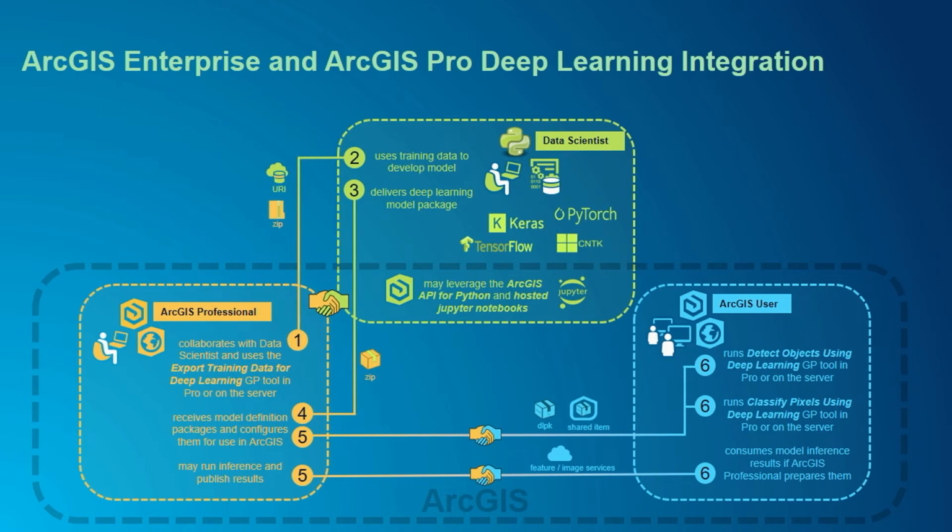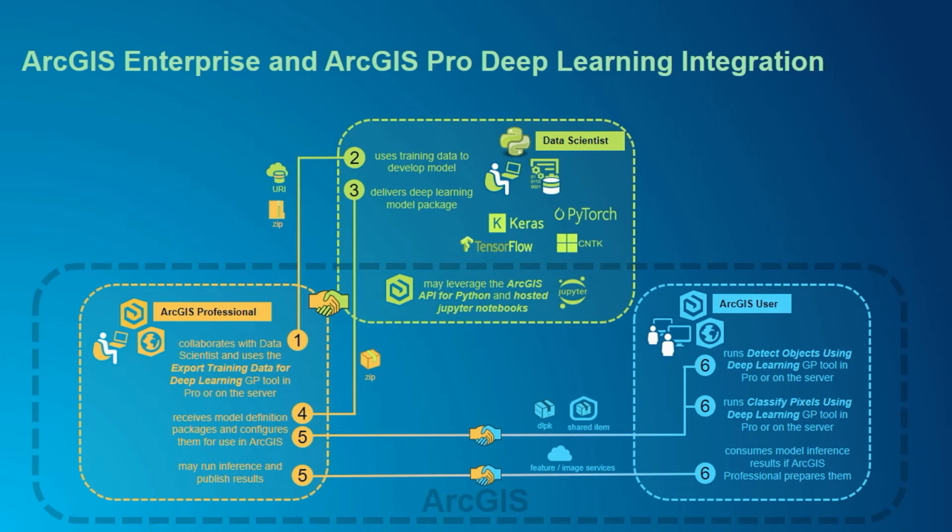After receiving this model package, ArcGIS professionals will examine whether it works, and then he or she can deploy this deep learning model package either on their local desktop in Pro or share it to their portal in their ArcGIS Enterprise.